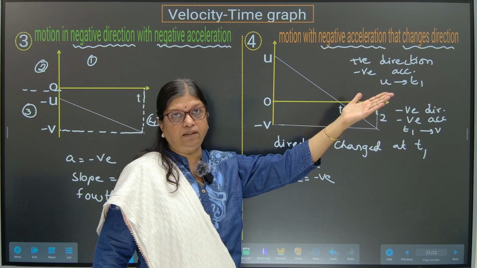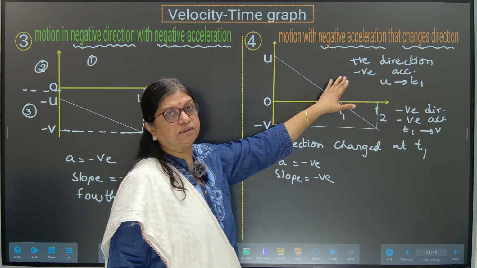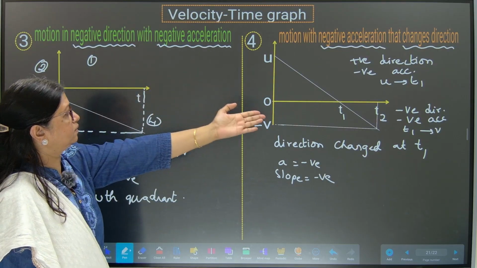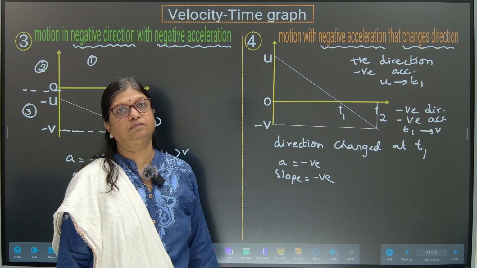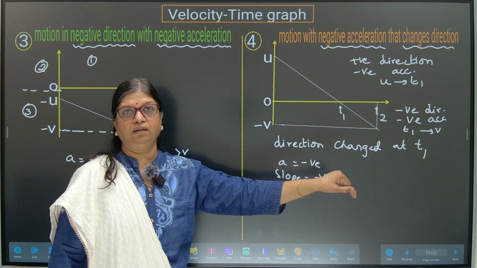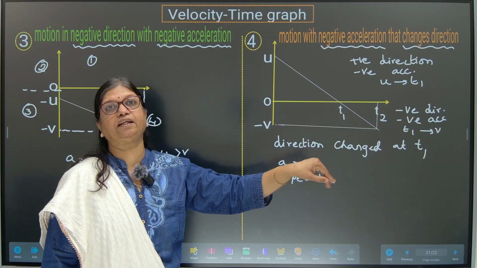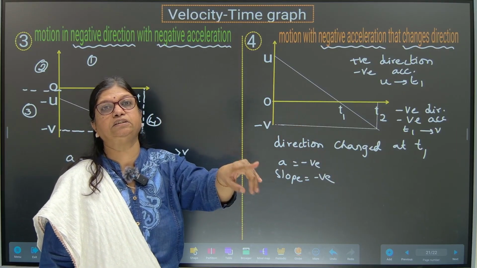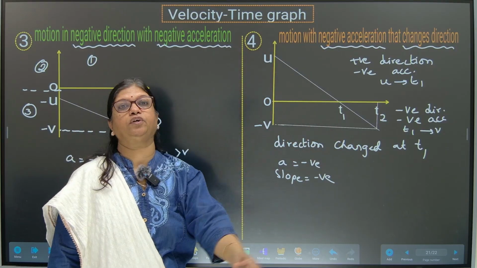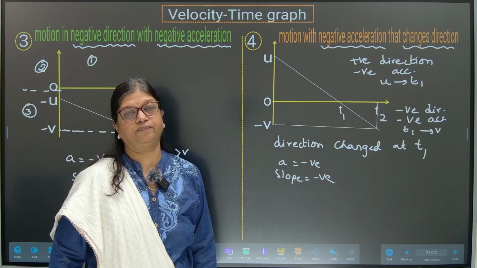Positive direction, negative acceleration. Negative direction, negative acceleration. Clear? Okay. So throughout the journey, acceleration is negative, but direction is changing from positive to negative. Then this kind of a graph you will get.